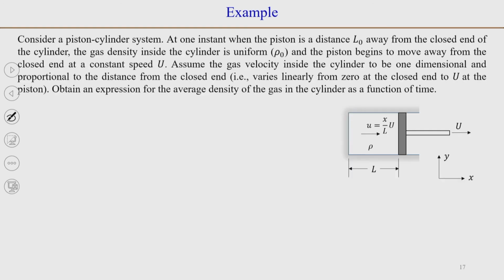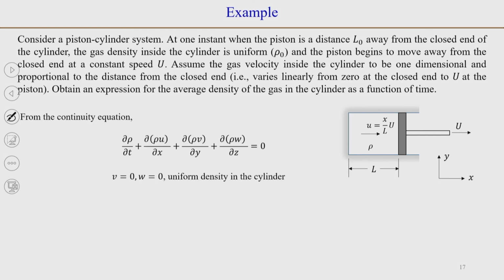Now we can substitute this in the mass conservation equation. Let us write down the differential form of the mass conservation equation, with dou rho by dou t, because we need to find the variation of density with time. The flow is one dimensional, so the y component of velocity, v, and the z component of velocity, w, are both 0.